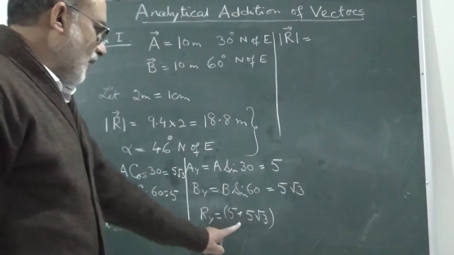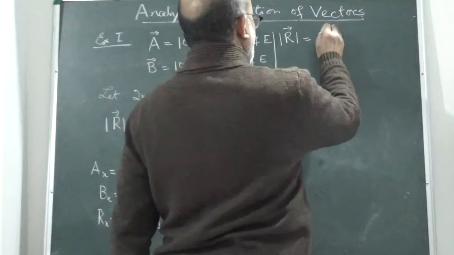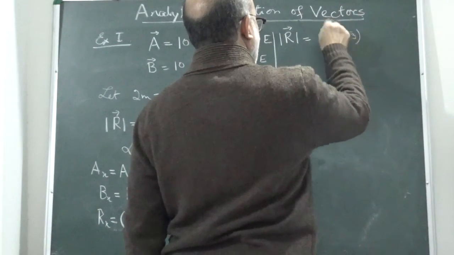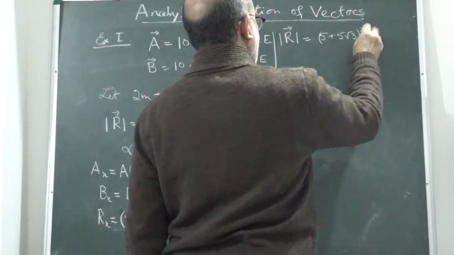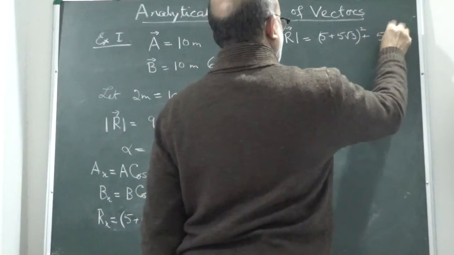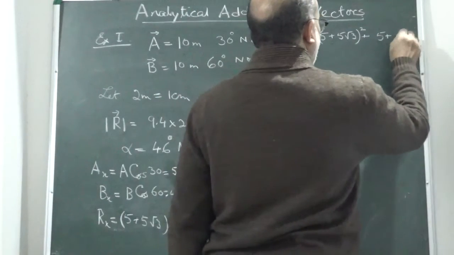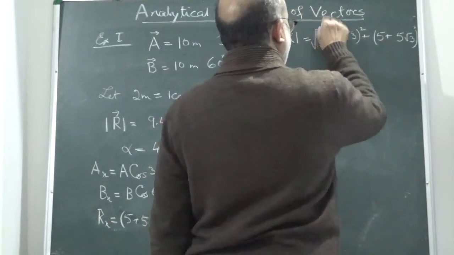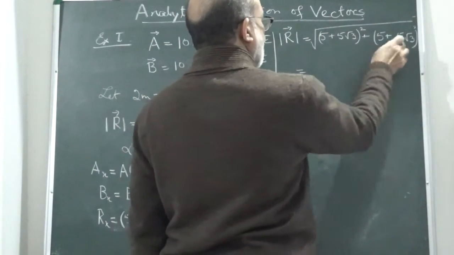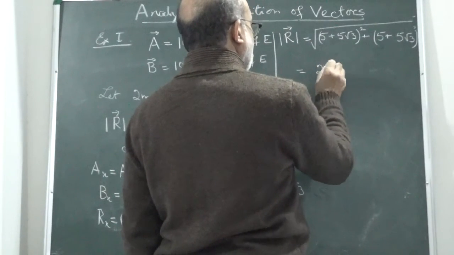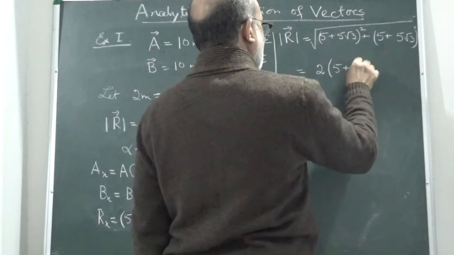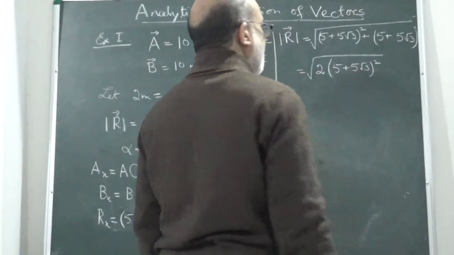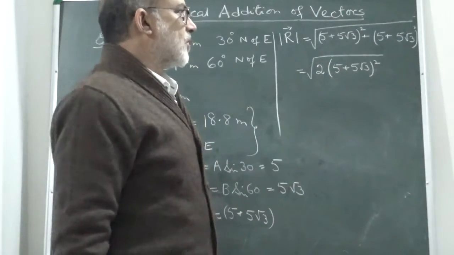The square of this means 5 plus 5 root 3 whole square plus again 5 plus 5 root 3 whole square. Or we can simply write 2 times 5 plus 5 root 3 whole square, since both of them are same.